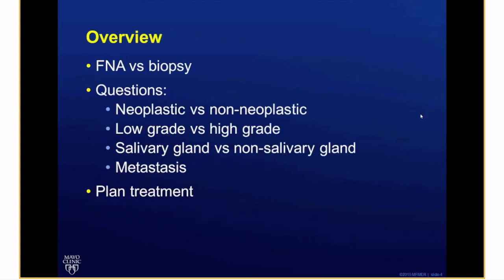So why FNA, not biopsy? Well, FNA is better for the patient, it's safer, it's simpler to perform, it has fewer complications, and also both FNA and small biopsies share the same limitations. But with FNA, we should be able to answer some basic questions. For example, is it neoplastic or not? Does it need to come out or not?